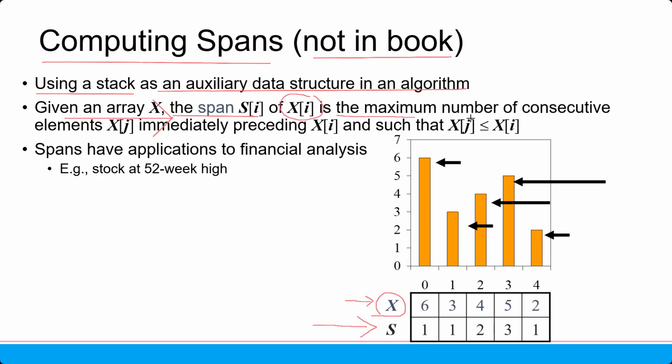That is the maximum number of consecutive elements Xj immediately preceding Xi such that Xj is less than or equal to Xi. So maybe it is a little bit complicated. Usually we use this one for the financial analysis.